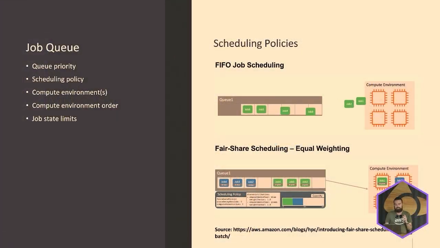But what if you have multiple users? Let's think a bit. Maybe there's an application with users submitting multiple requests. Maybe it's inside your company, different departments. How do you share equally between those guys? To do that, you can use the equal weight policy to share fairly between them.